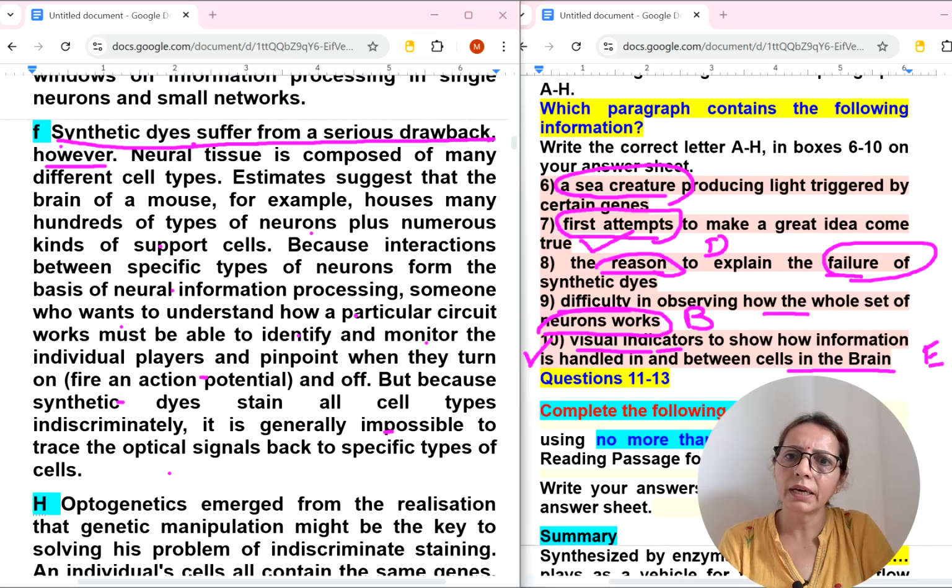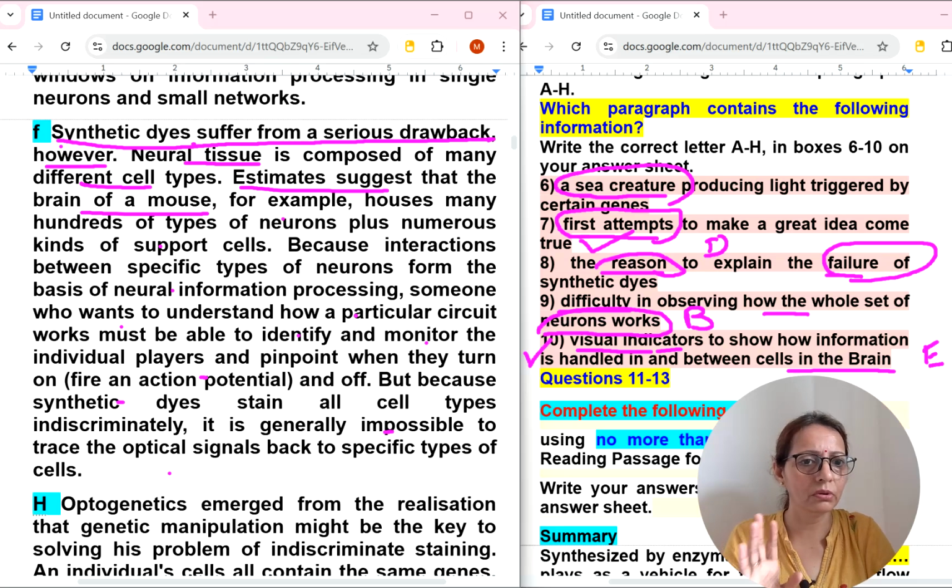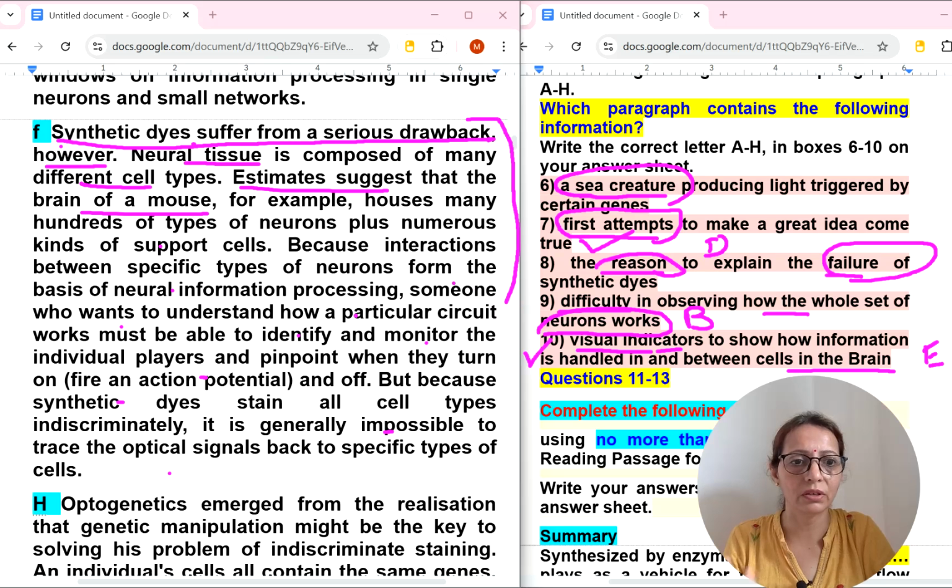Failure of synthetic dyes. So of course in this paragraph they may be talking about failure only. Neural tissue is composed of many different cell types. Estimates suggest that the brain of a mouse. So definitely they are going to talk about these drawbacks, reasons and all. So I can suggest, yeah, eighth number with F number paragraph.